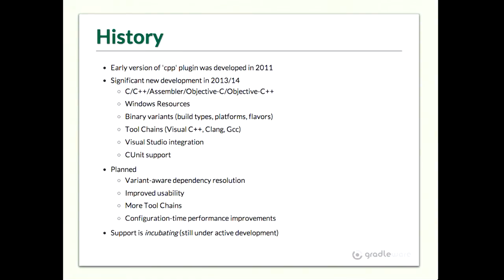We want to support more tool chains. There's basically better support for cross-compilation and better support for different compilers and different platforms, compiling for more esoteric platforms that you guys might be using.